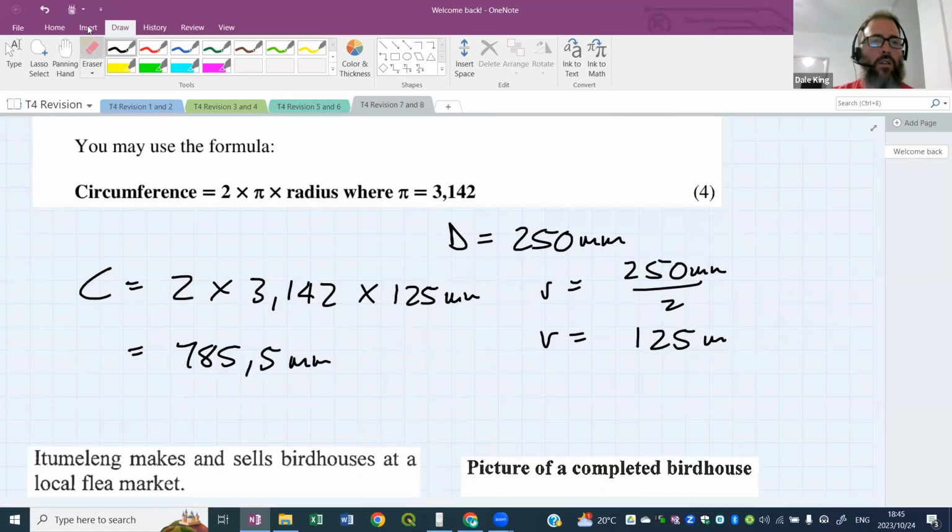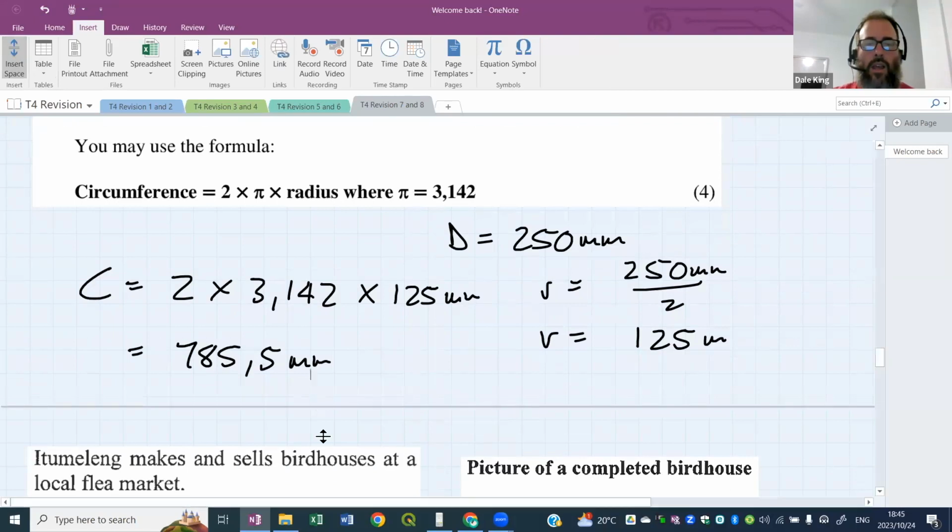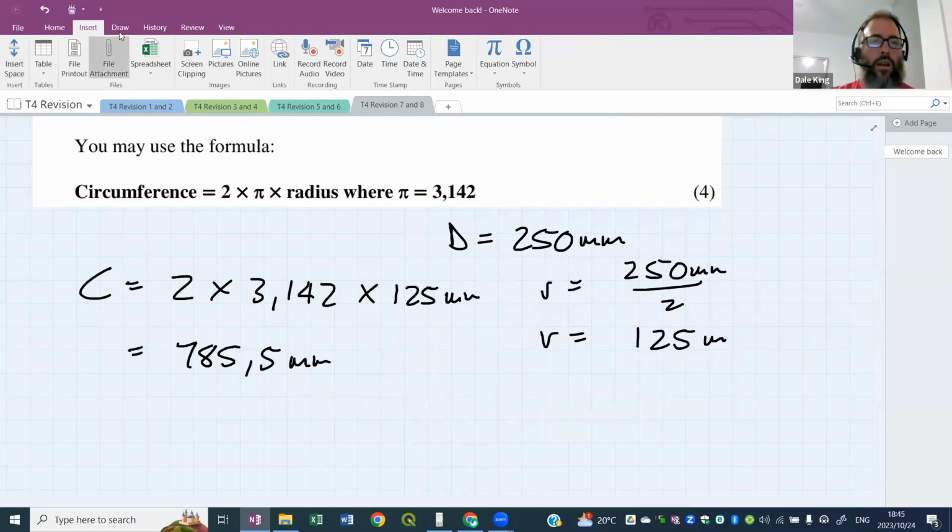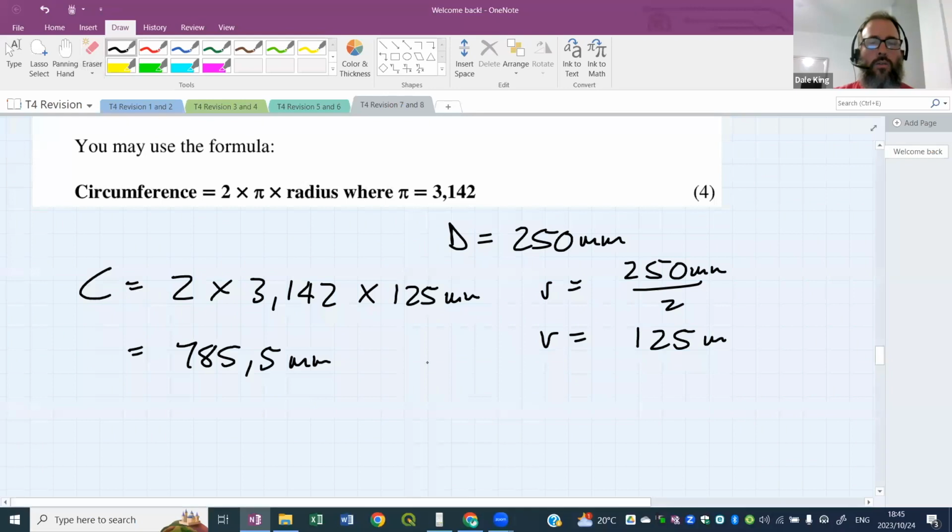But this is not the end, because they say it's not just going to go all the way around and form a circumference. If I draw a little diagram to the best of my ability, the circumference goes all the way around, but at the end, you've got to have a little piece that overlaps, right? You see that overlap at the end here? That's what we need to also take into account.